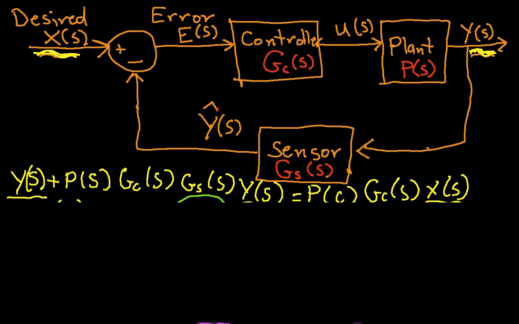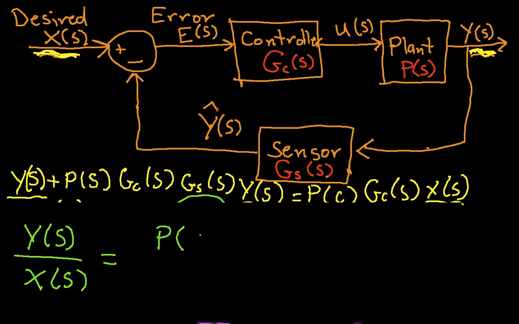Okay, so now we've got this formula. I'm going to skip a couple of steps, but we have Y of s over X of s, which again is the transfer function of this overall system. That's P of s, Gc of s over 1 plus, that should be P of s.